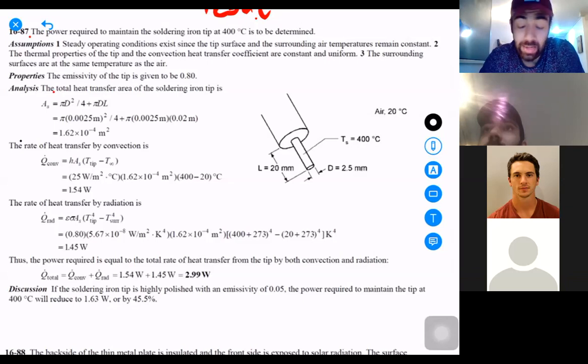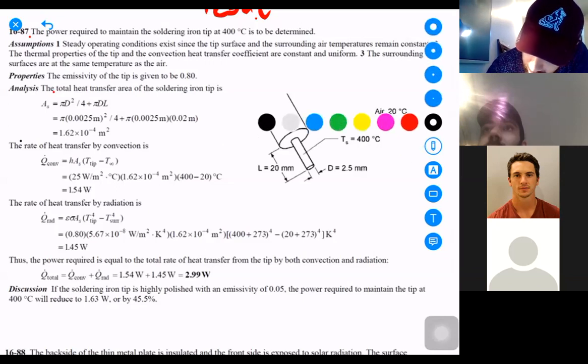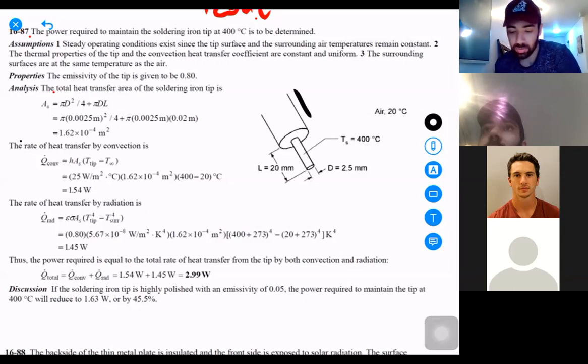Basically, I do not have any work with the rest of this soldering iron. I'm only working with the tip of it. And it is asking how much power is required to maintain it at 400 degrees Celsius.